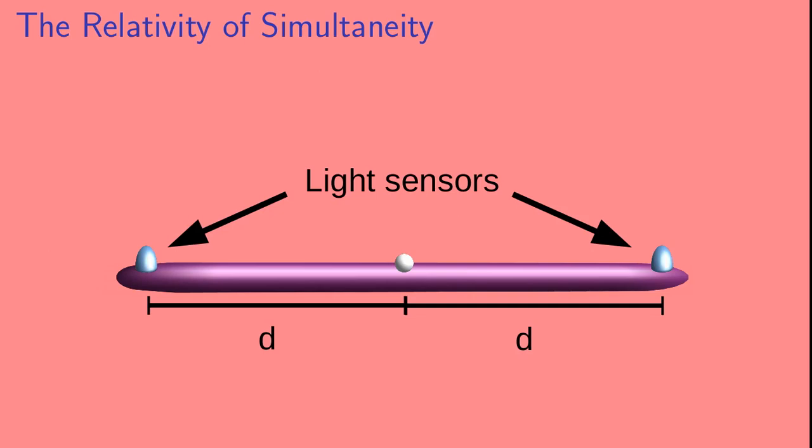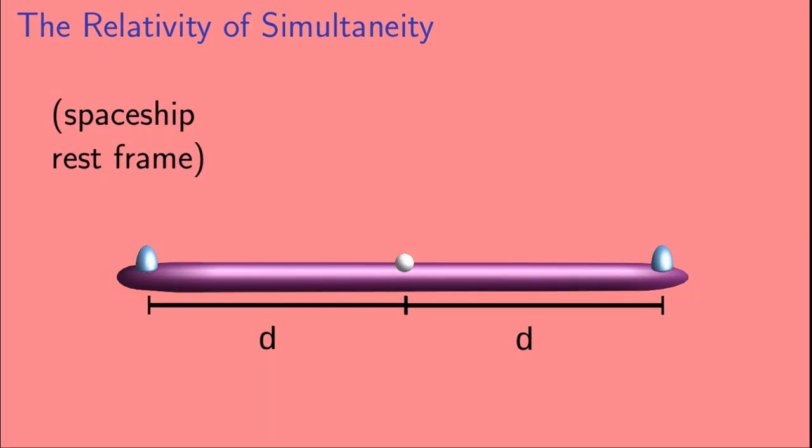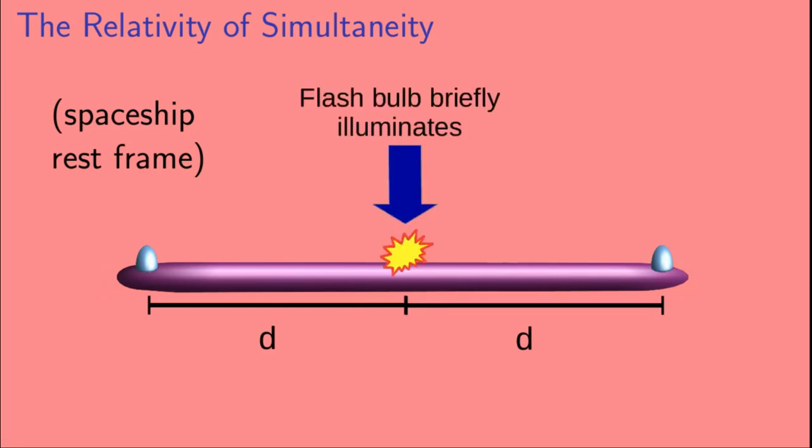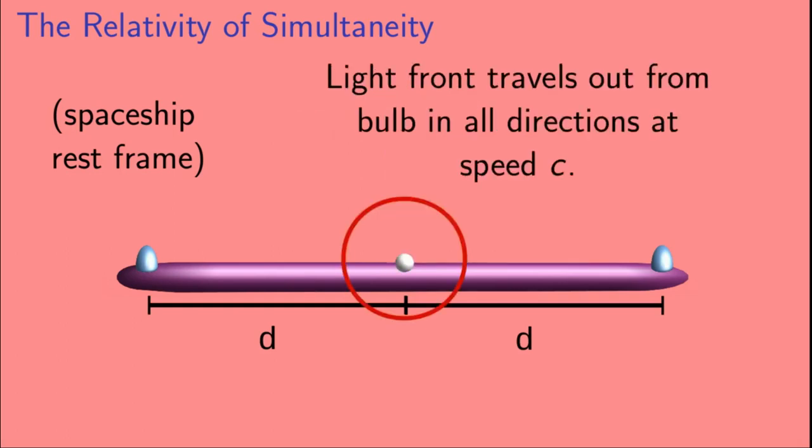The light sensors are each a distance d from the flashbulb. Okay, so let's work in the spaceship rest frame. The flashbulb briefly illuminates. The light front from the flash travels out from the bulb in all directions at speed c.